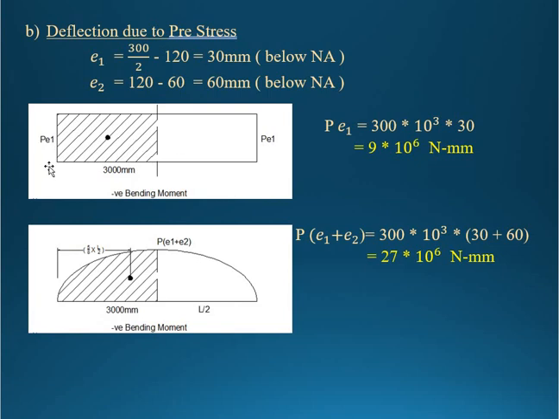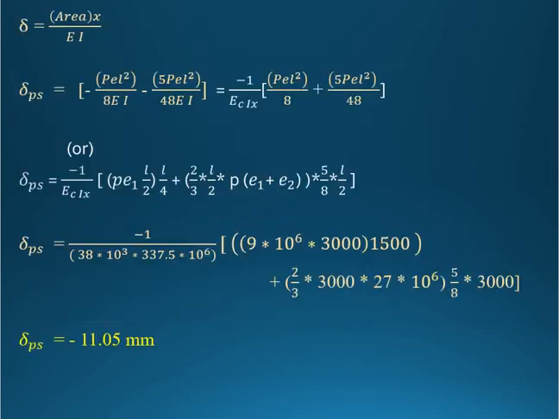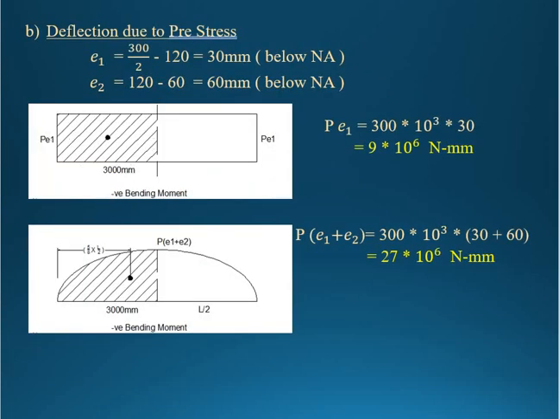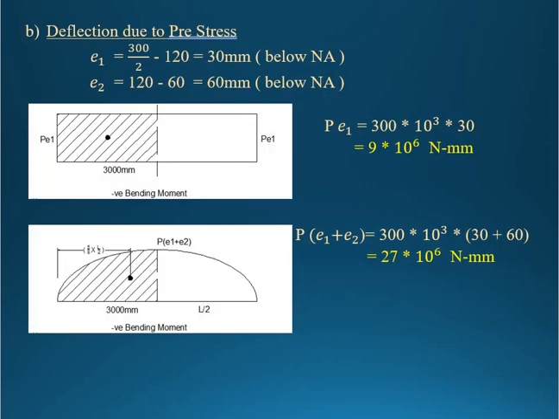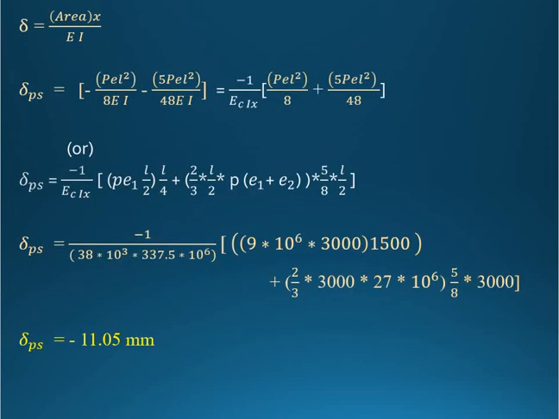Here you can see a rectangular variation. For that, or for a straight cable, the formula is PEL square by 8 EI. But the sign convention for this bending moment is negative. Don't forget to take the sign.